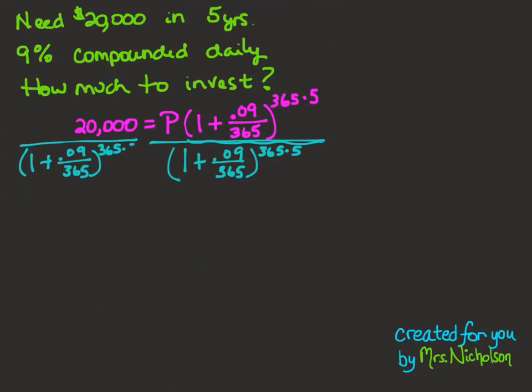All right, and this is all going to cancel out. And I can just enter that into my calculator. And I get the result that my initial principal needs to be $12,753.27.